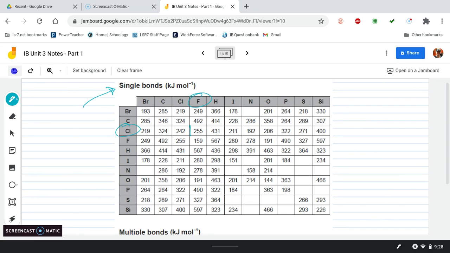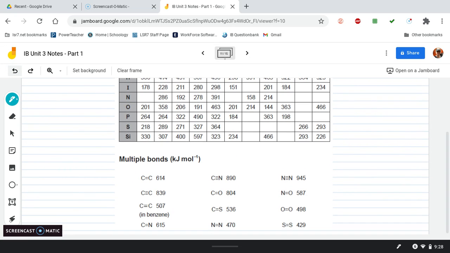That's where we'll get the numbers. We'll just use the chart. And then down here, they have some selected multiple bonds, like doubles and triples. Here's a triple bond to nitrogen, a double bond to O, which we're going to actually use. So you just look them up on the chart.